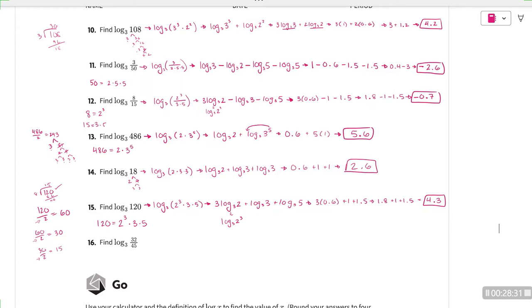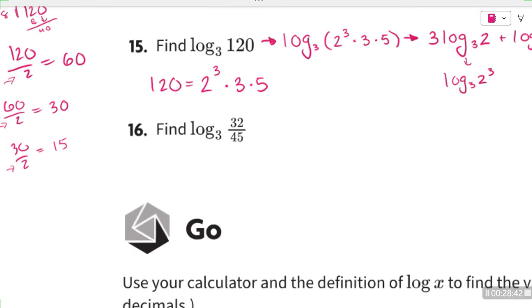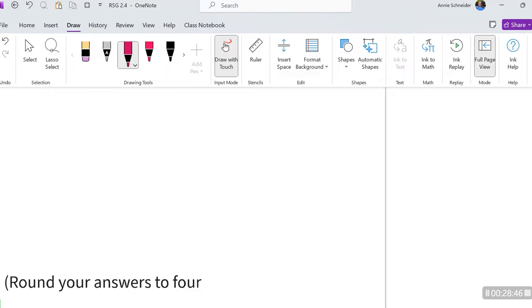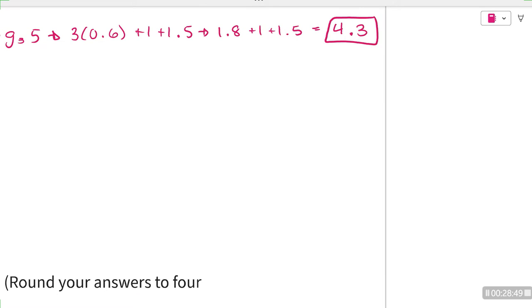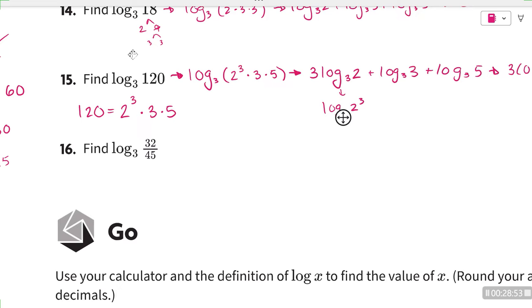So our last one on this page before we go to calculator work is log base 3 of 32 over 45. So again, let's break down this 32 and the 45. So 32, we might know that one off the top of our head. Excuse me, we got a little misplaced there. There we go.